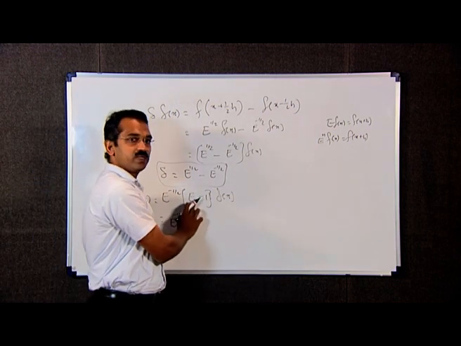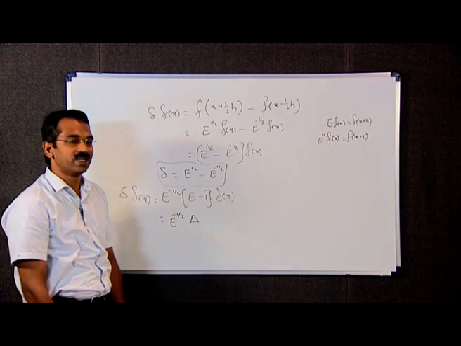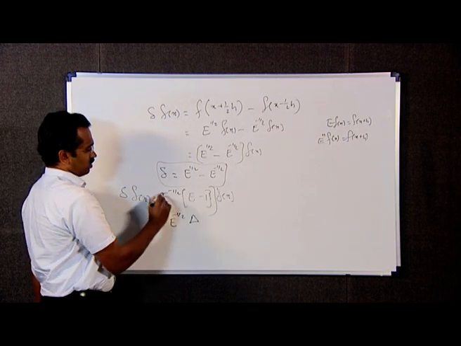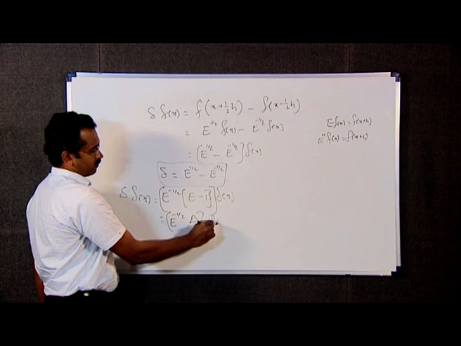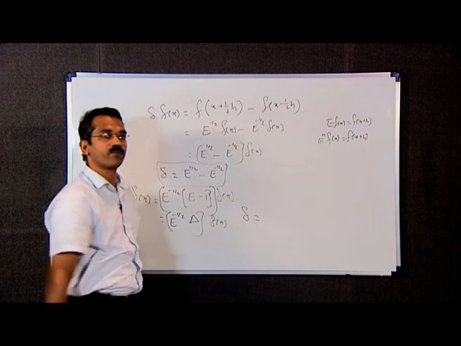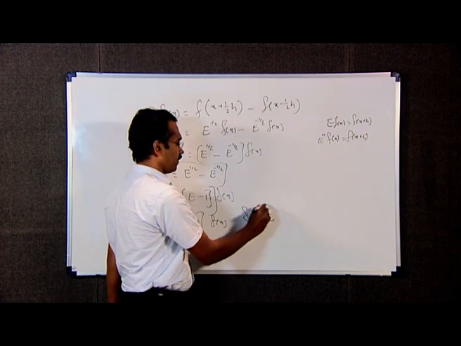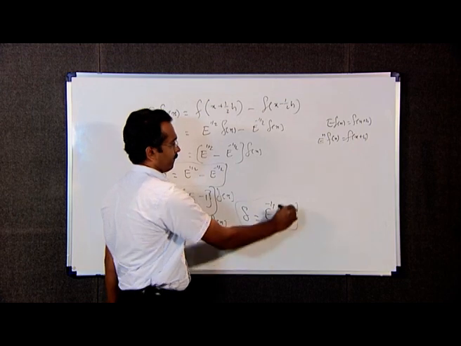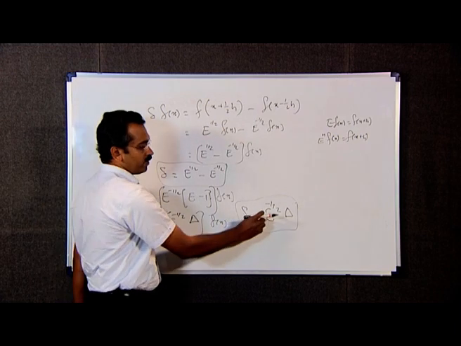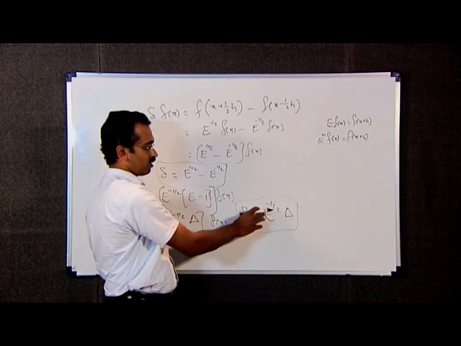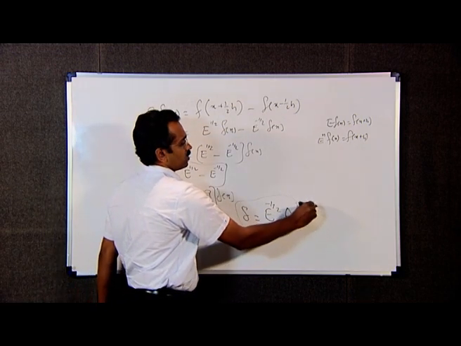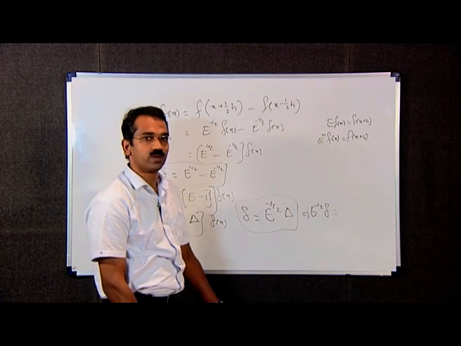We proved the identity E minus 1 is equal to delta, that is e raised to minus 1 by 2 delta of f of x. Hence, we obtain the identity del is equal to e raised to minus 1 by 2 delta. Or if we operate both sides by e raised to 1 by 2, we can write this as e raised to 1 by 2 del is equal to delta.